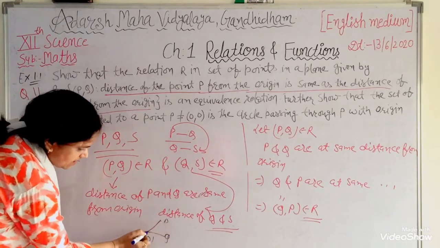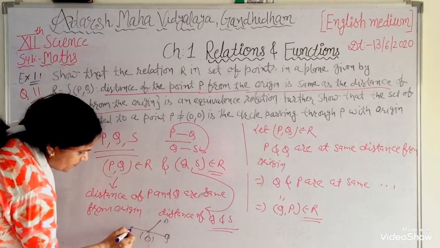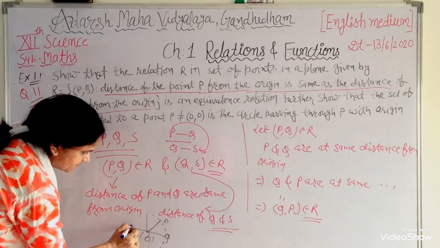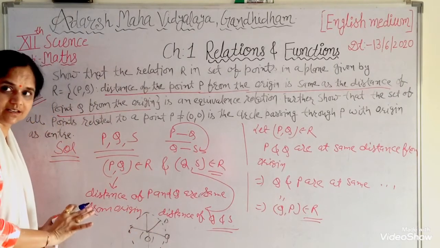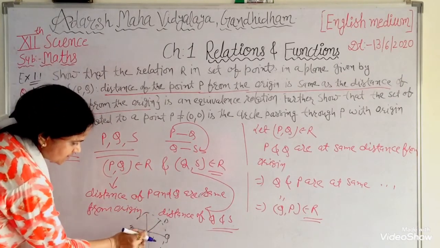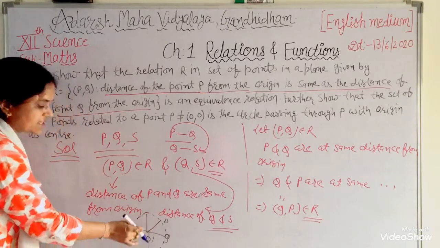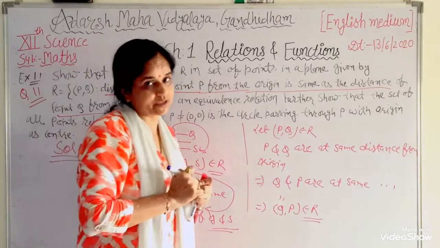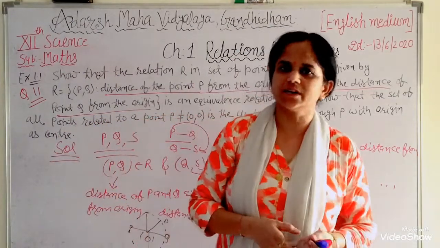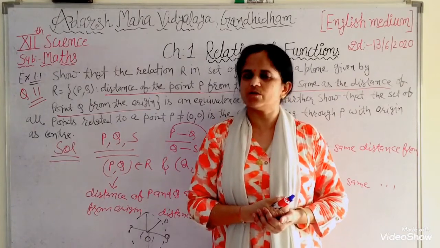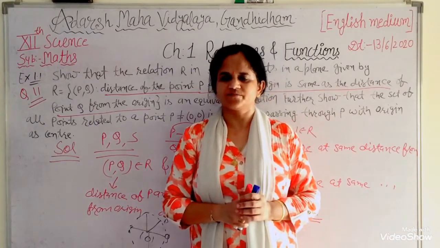Same distance. S is here. Some more points also. And if we join all these points, it is a circle. Okay. So all these points are at the same distance from the origin and make a circle. Okay. So this exercise ends here, student. You try all the questions. Thank you.